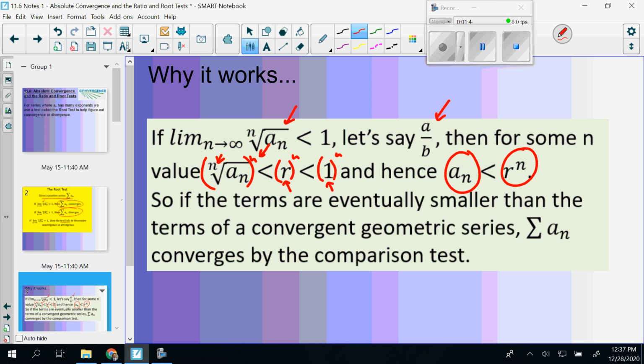That would be less than r to the n, which would still be less than 1 because 1 to any power is still 1.